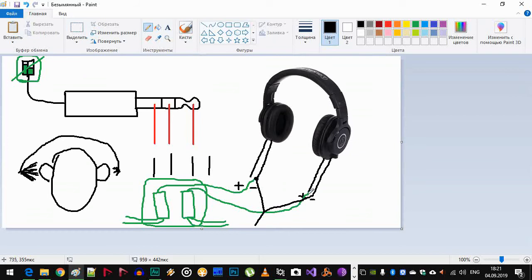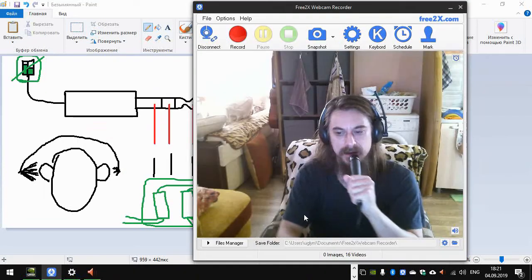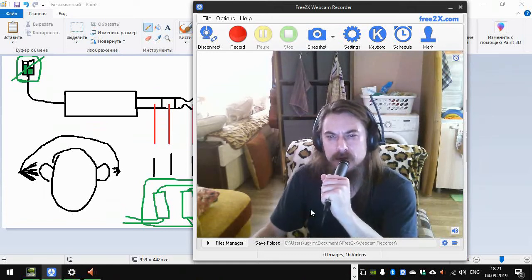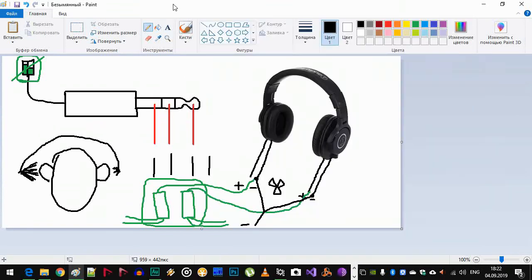This connection of 2 minuses into 1 is known as radiation, and is shown as this symbol, which exactly means what I said.